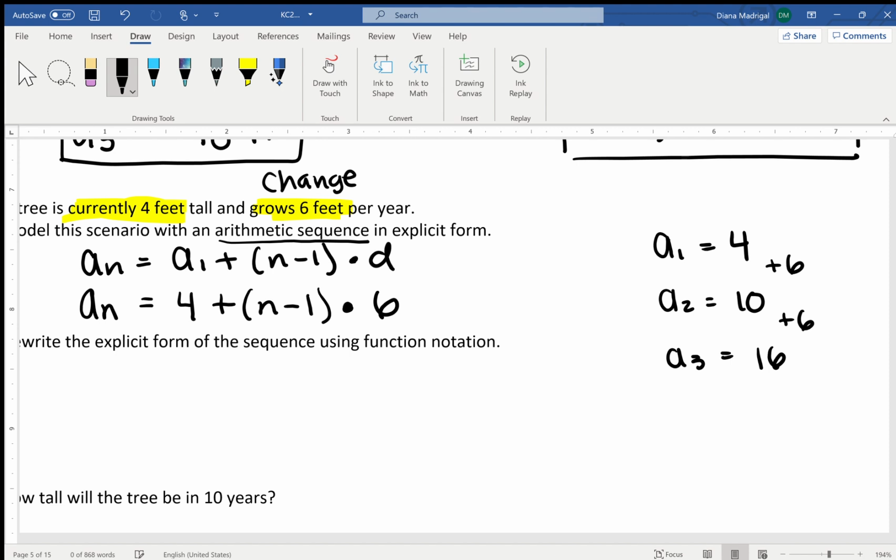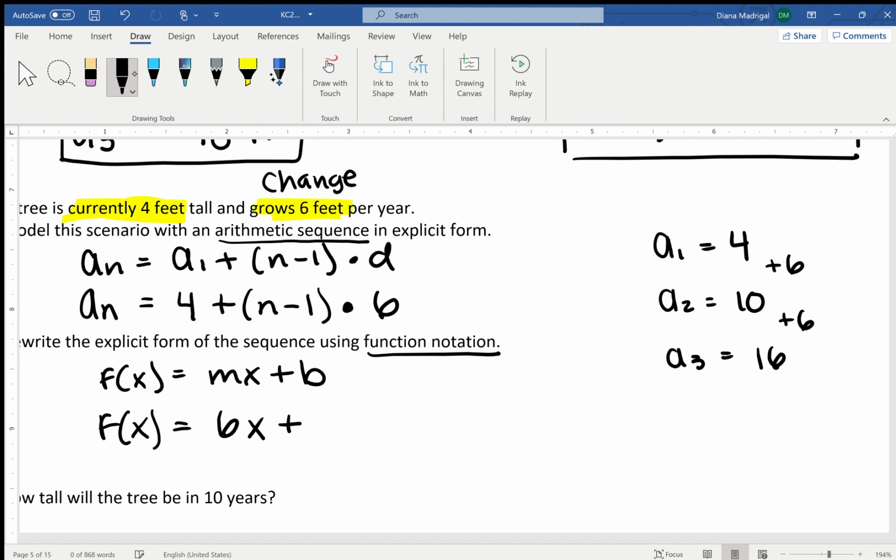All right. For this second question, you need to write it in function notation. F of x equals mx plus b. Again, f of x is the output, stays the same. M is the change. The change is 6. 6x plus b. B is the starting point, when x is 0, for A0.